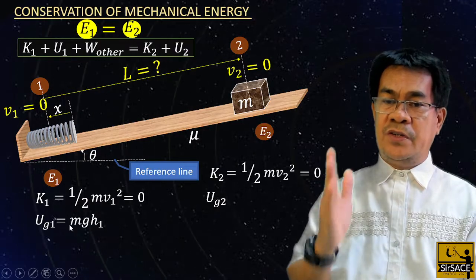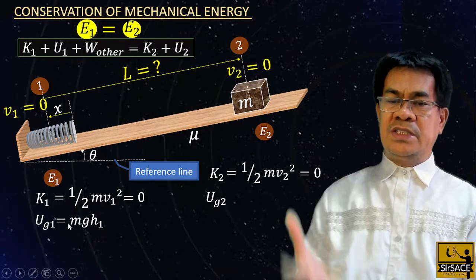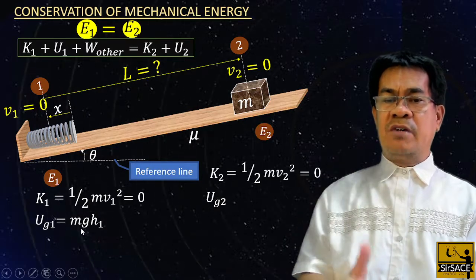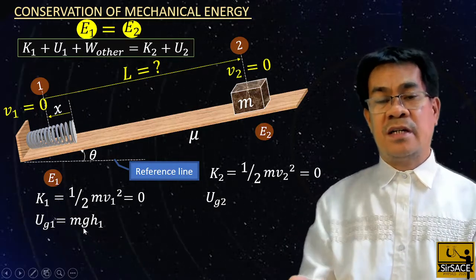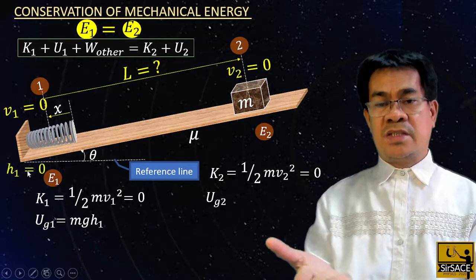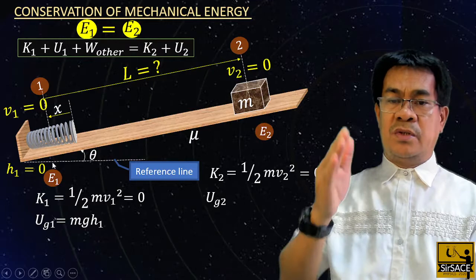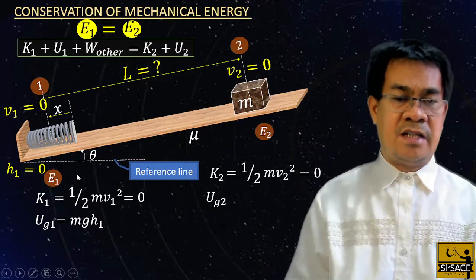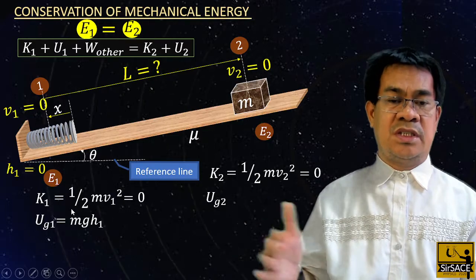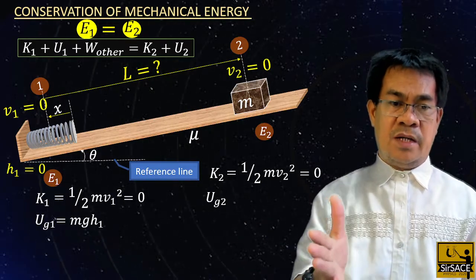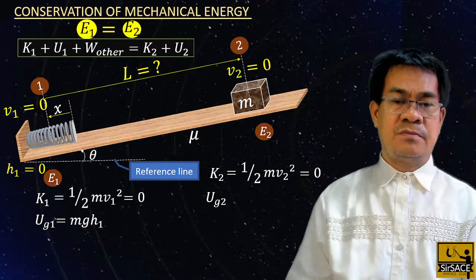So, for UG1 or the initial gravitational potential energy, this is equivalent to the product of the mass times the gravity acceleration times h1. But in this case, h1 is 0. Why? Because h1 is located at the reference line. That's why we choose this reference line to be at the bottom so that the height should be 0.